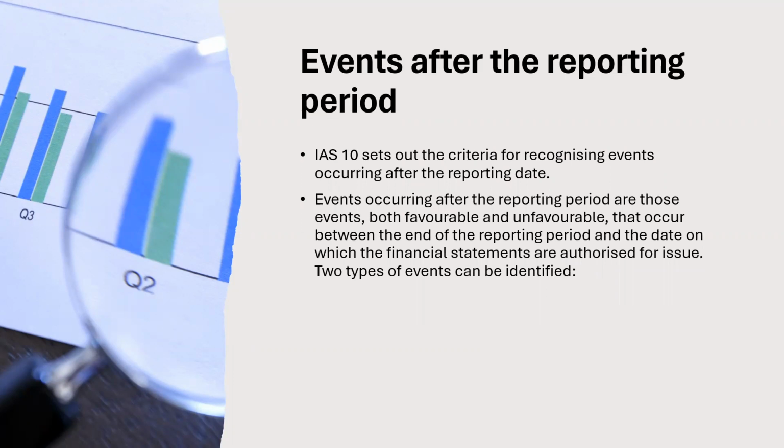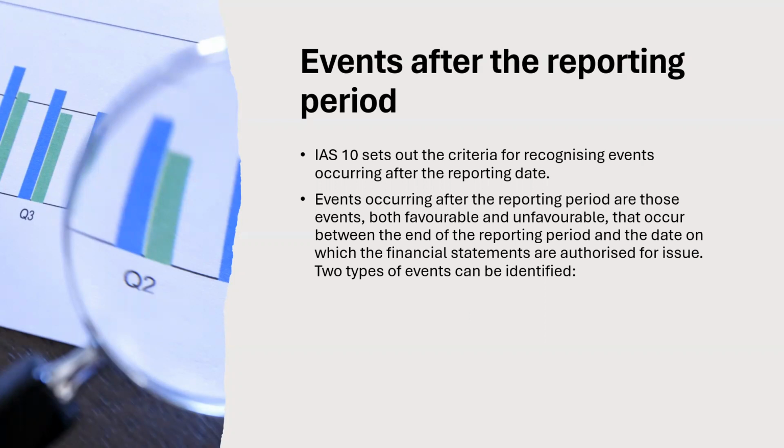So events occurring after the reporting period are those events, both favorable or unfavorable to the business, that occur between the end of the reporting period and the date on which the financial statements are authorized for issue. These financial statements have not yet been authorized for issue, but they have been prepared and everything has been done, just waiting for management, the shareholders, or the board of directors to approve the issue of the financial statements.